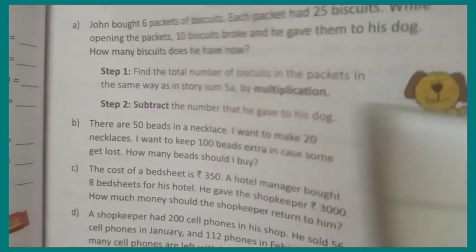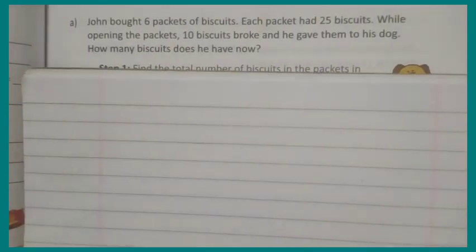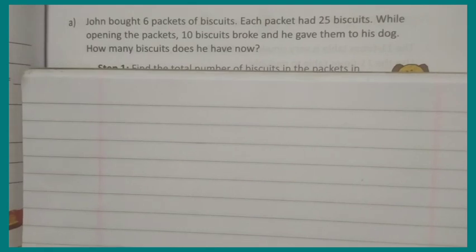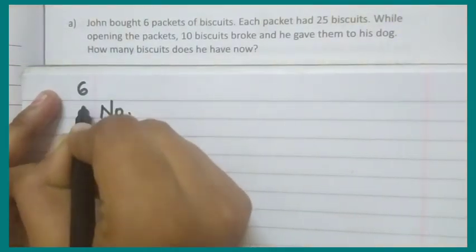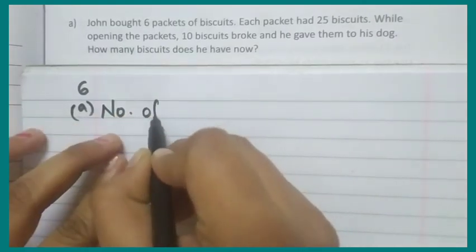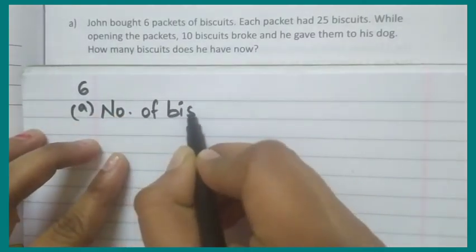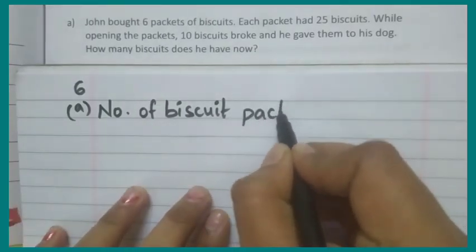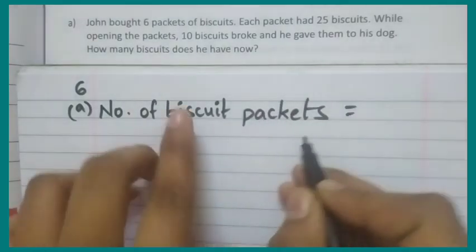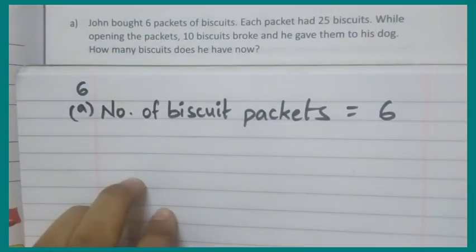Okay. Now look at the answer. First, number of biscuit packets, 6th bit A. How many are there? 6. Okay.